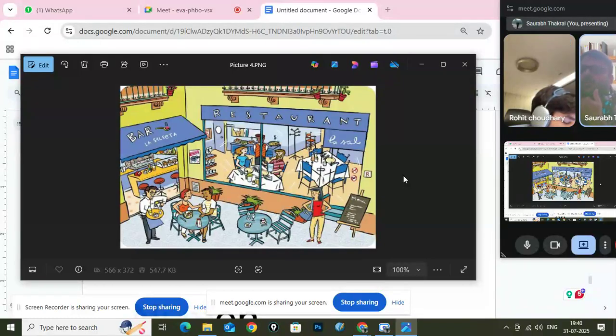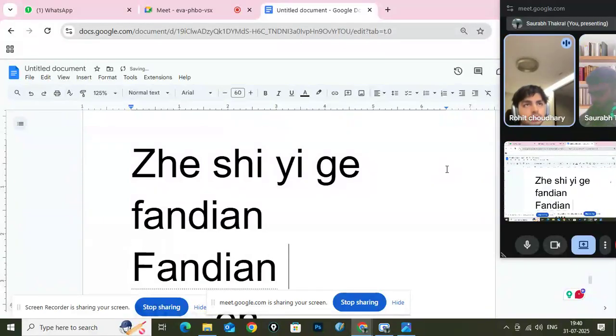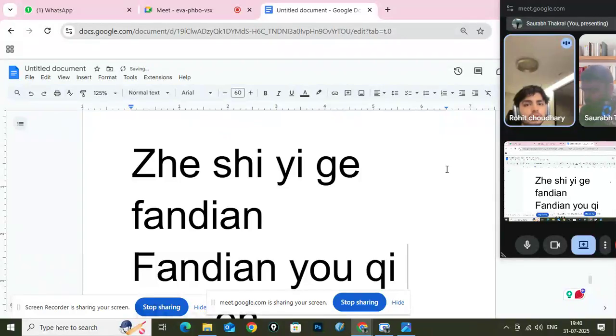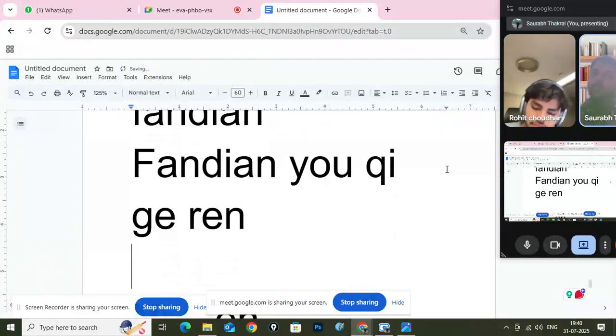So we can start with how many people are there, how many tables and chairs are there. Fantian Chikaran, right. Okay, how many males, how many females?